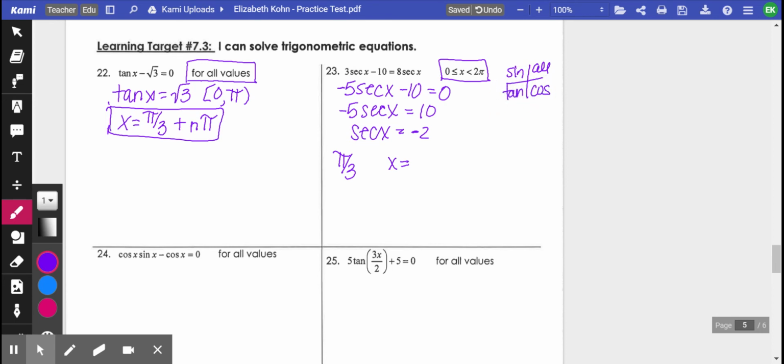So the question is, where is cosine? Because secant goes with cosine. Where is cosine negative? That would be in quadrants 2 and 3. So I'm looking for the pi over 3 value that's in quadrant 2 and in quadrant 3. The one that is in quadrant 2 would be 2 pi over 3.